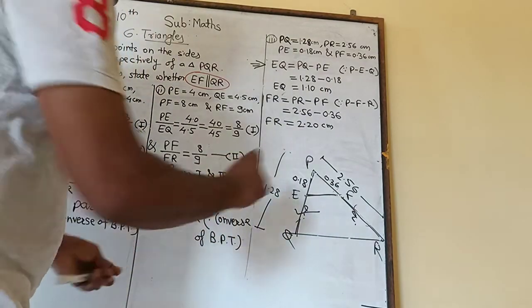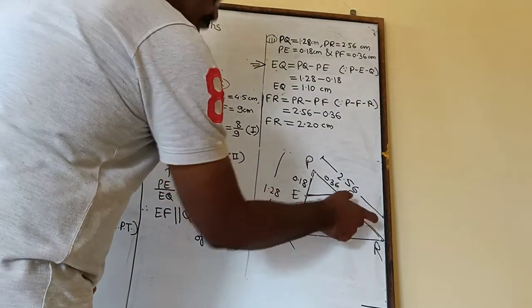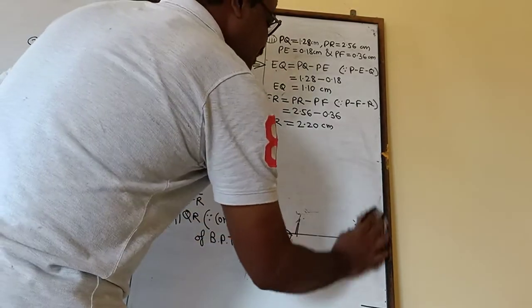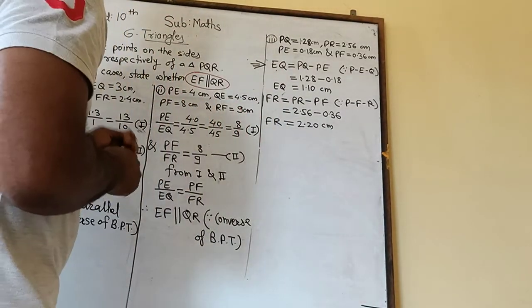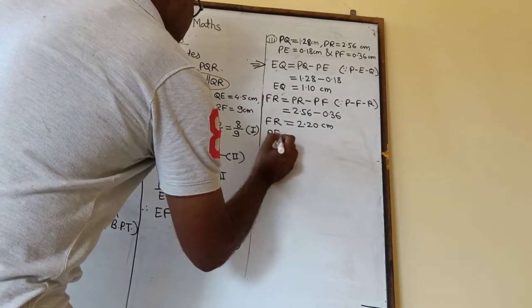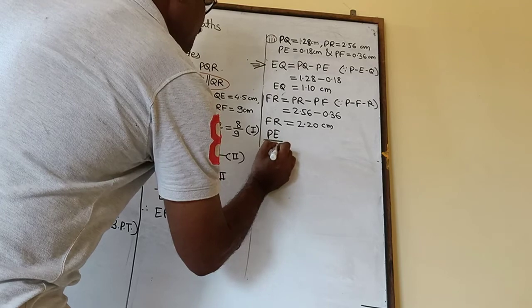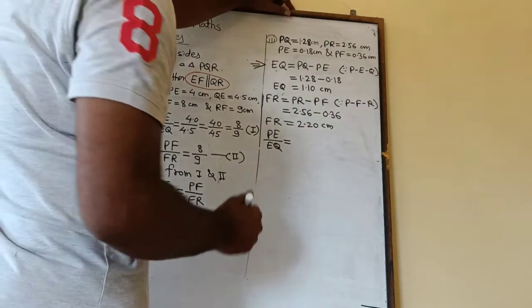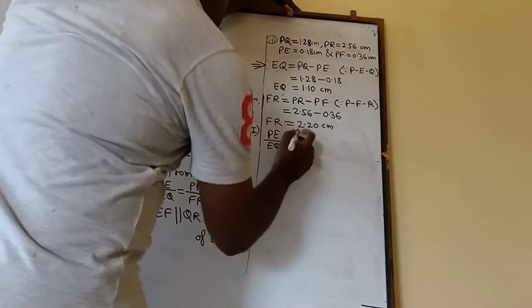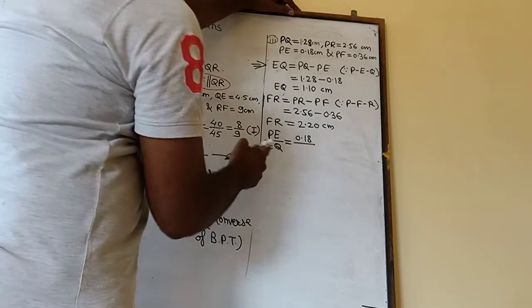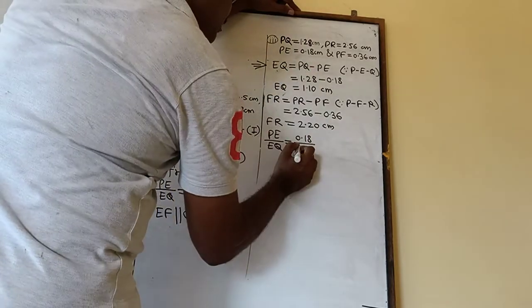So we can find out these ratios also. Students, once again we will go the same way as in the earlier two. Now PE upon EQ equals, PE is 0.18, EQ is 1.10.